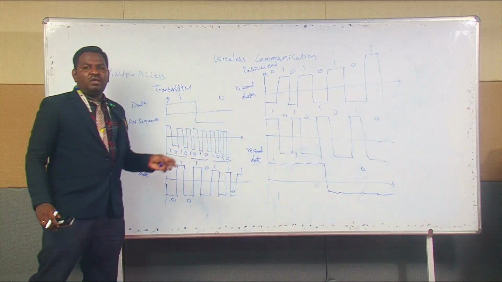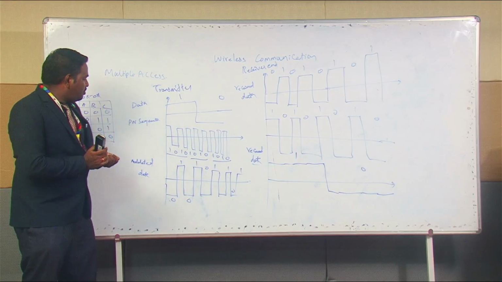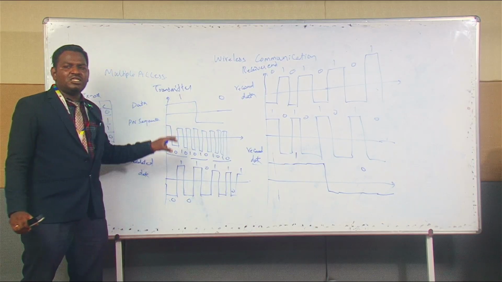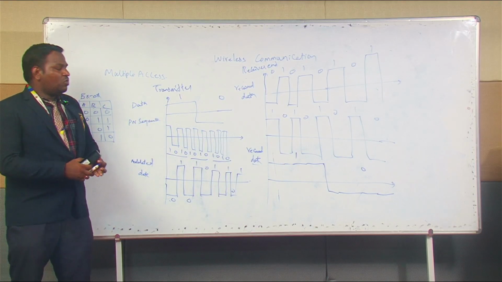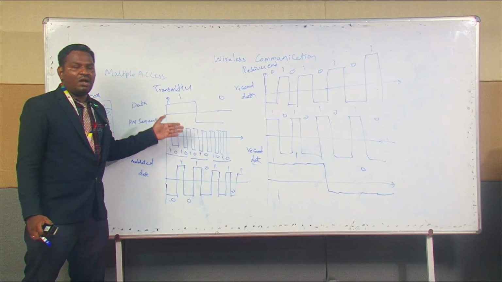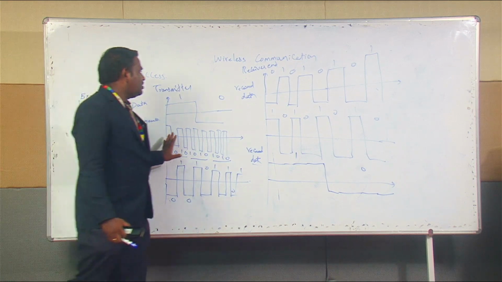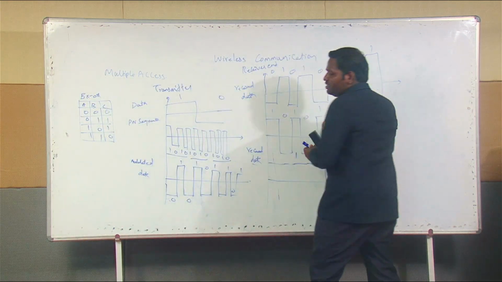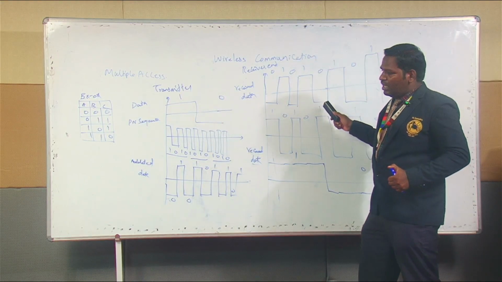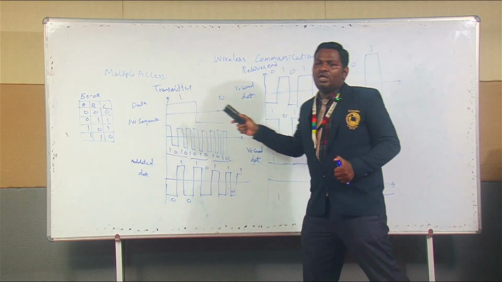What we are doing here, we are taking a data and we are using a PN sequence. So we are using the spectrum modulation, and this modulated data will be transmitted and received at the receiver end. At the transmitter end as well as the receiver end, we are using the same PN sequence for decoding.